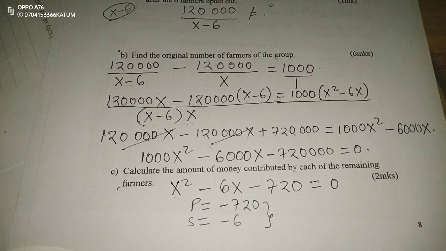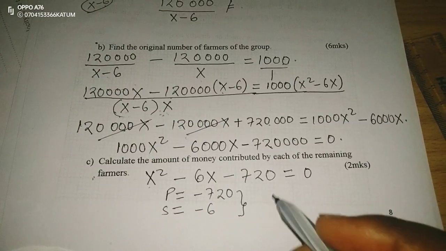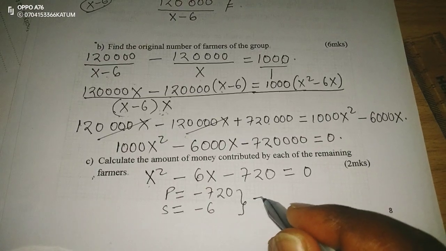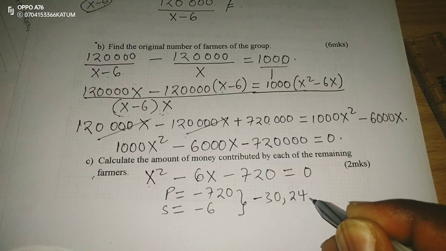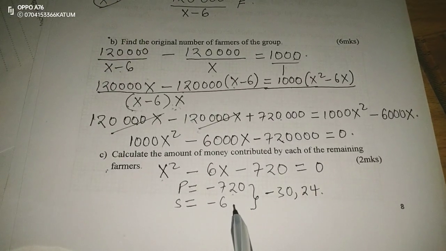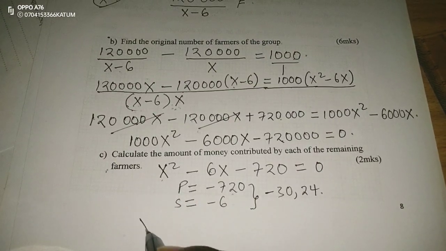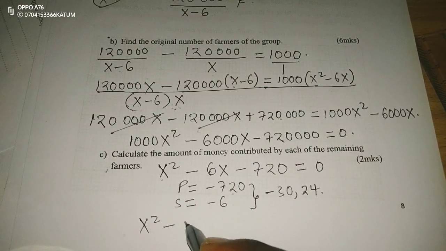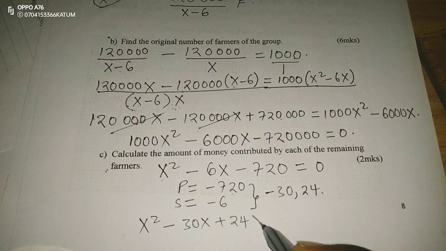So the two values, which when multiplied give us negative 720 and when added give us negative 6, are negative 30 and positive 24. So we can factorize at this level: x squared minus 30x plus 24x.